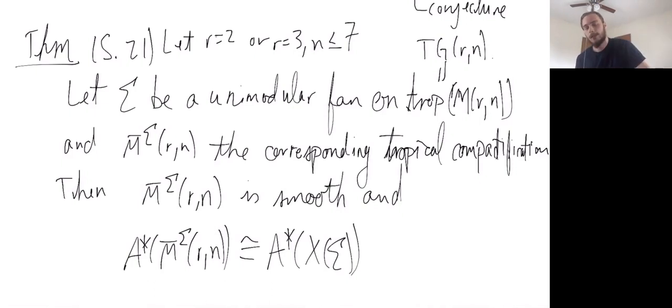So this does not quite describe the Chow ring of the stable pair compactification, because that compactification is not smooth in general. But what it does describe, for instance, is the Chow rings of the small resolutions of this stable pair compactification.